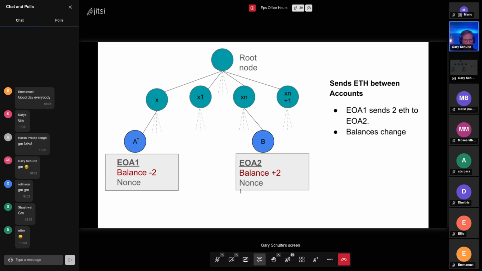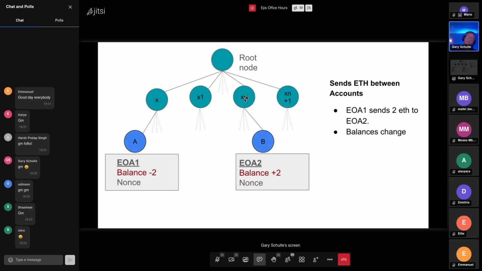To get to this node, the path will not change, but the hash value of its account state will change. So we're going to update the hash value in its branch node, and its value is going to change because its array of child hashes will change. We'll hash that and push that up to the root node. Same with EOA 2. Only its balance changes, but still its hash will change.